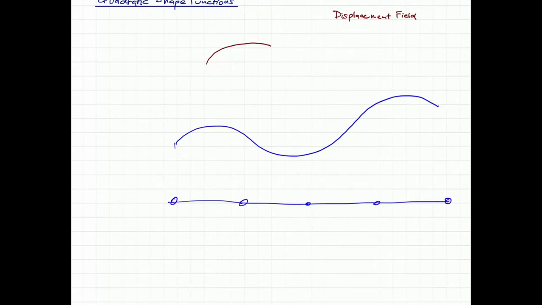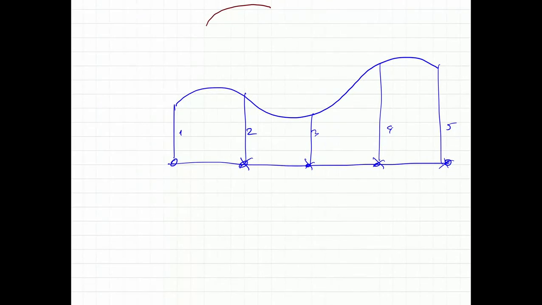So you will need to figure out the value at 1, 2, 3, 4, 5. But look at this. If you need 5 nodes for 1 element, the number of nodes increases if you compare with the linear element.